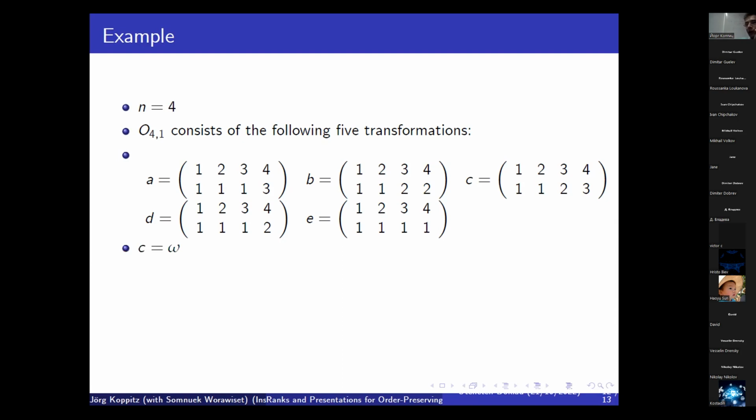So then we can look at what omega is. T omega is related to this one here. You see here the difference is 0, and in the rest the difference is 1, and this gives us that C is related to omega.